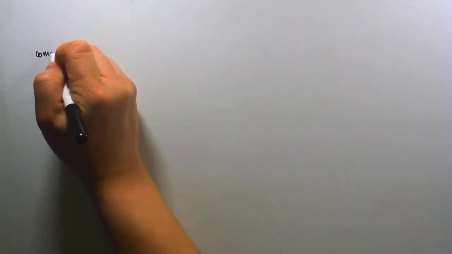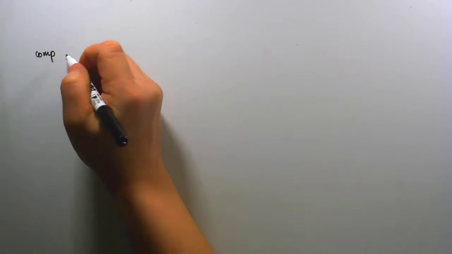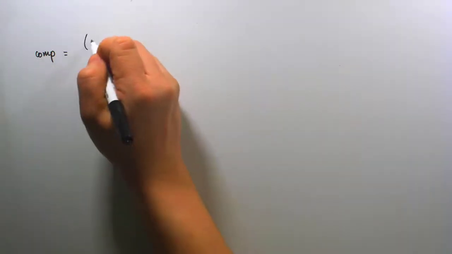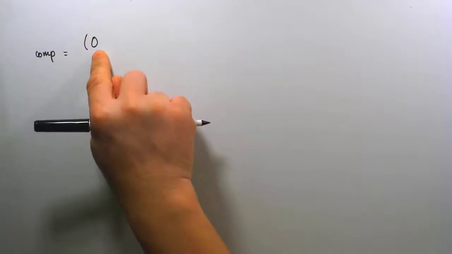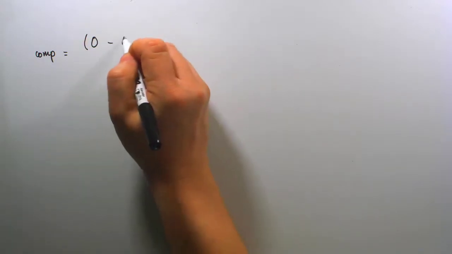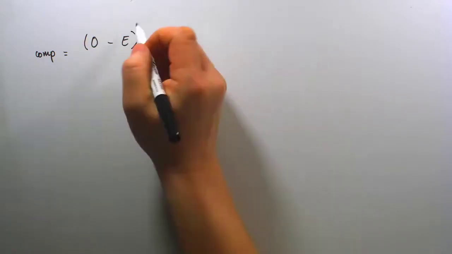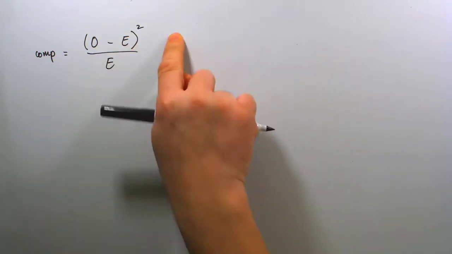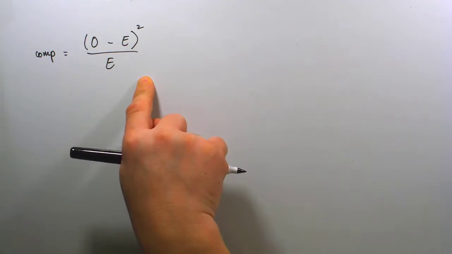So as a generality, finding any component is done by taking the observed count in the current entry, subtracting the expected count of the same entry, squaring the difference, and dividing it by the expected count. And that's the formula for how we calculate the component value.